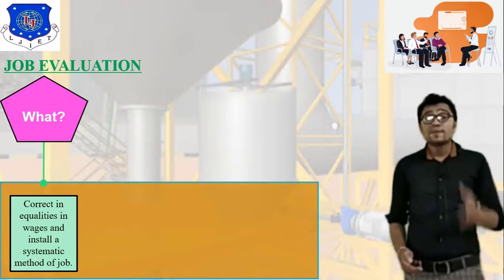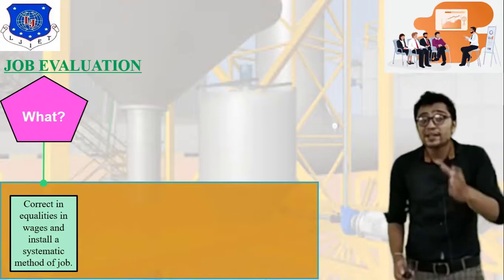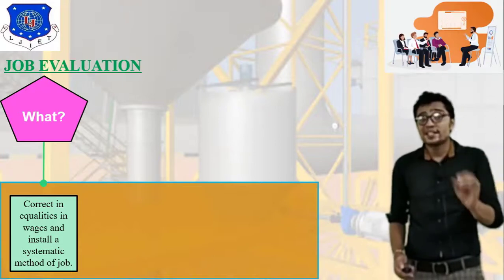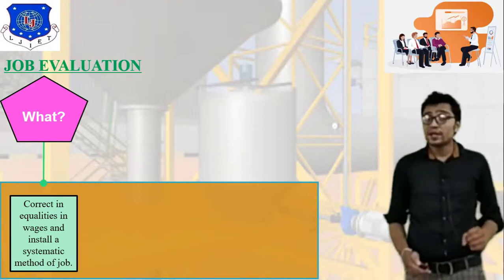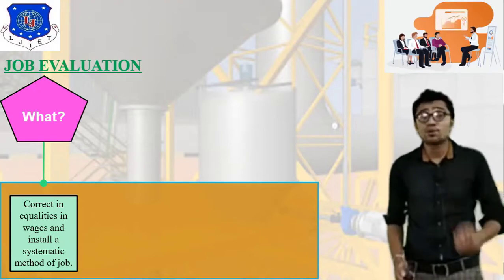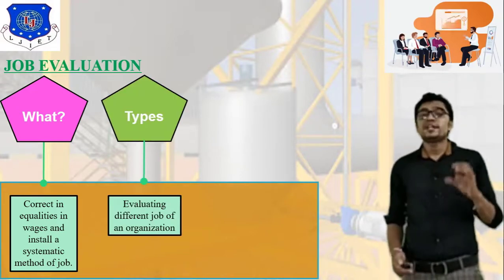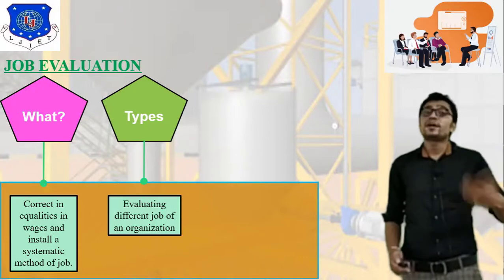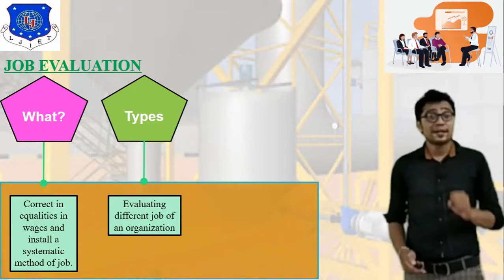The definition of job evaluation: it corrects inequalities in wages and installs a systematic method for a job. It is one type of recruitment process, and based on job evaluation, you can calculate wage and incentive plans.